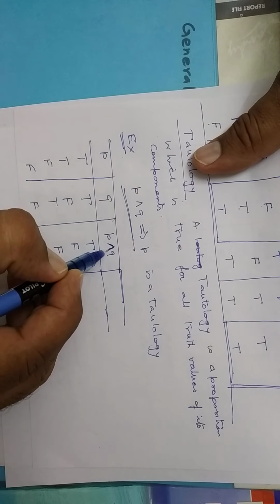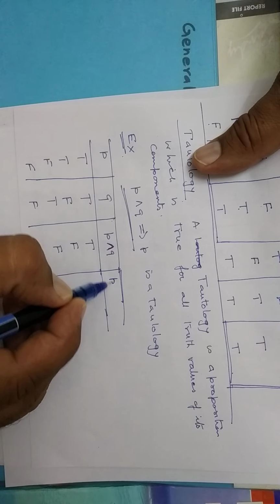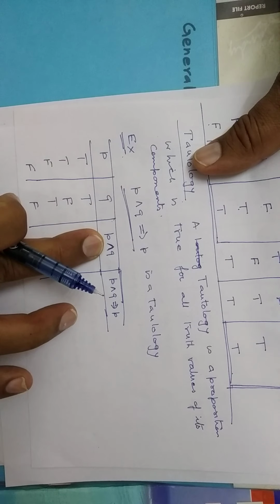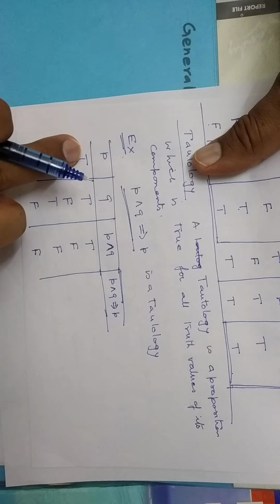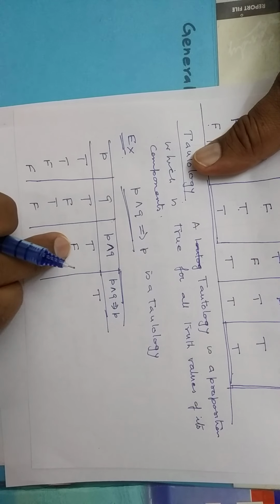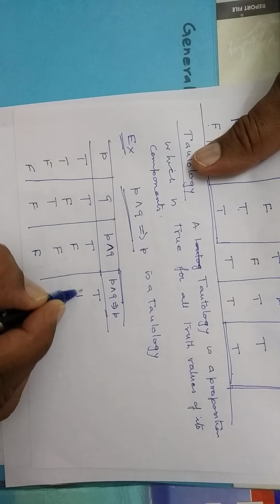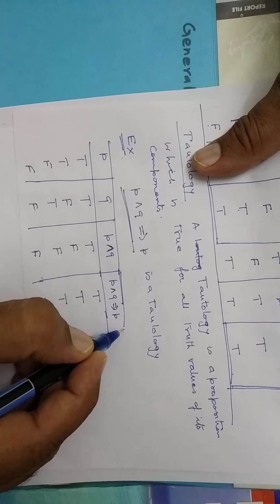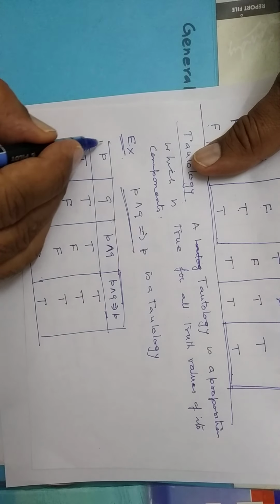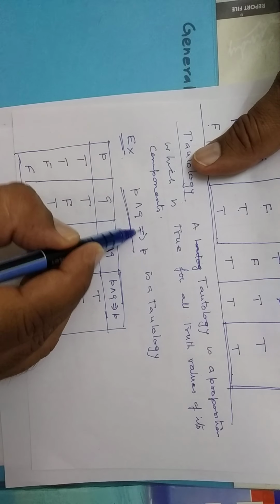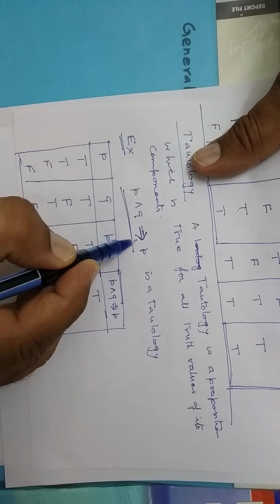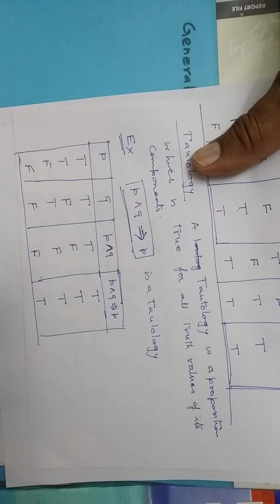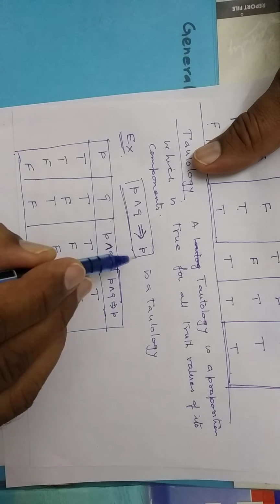P and Q means both must be true for it to be true. And P and Q implies P: this one is true, the value will be true. This is false so it is true. This is false so it is true. And this is false so it is true. So we see here that P and Q implies P always has truth value T, true. This is a tautology.